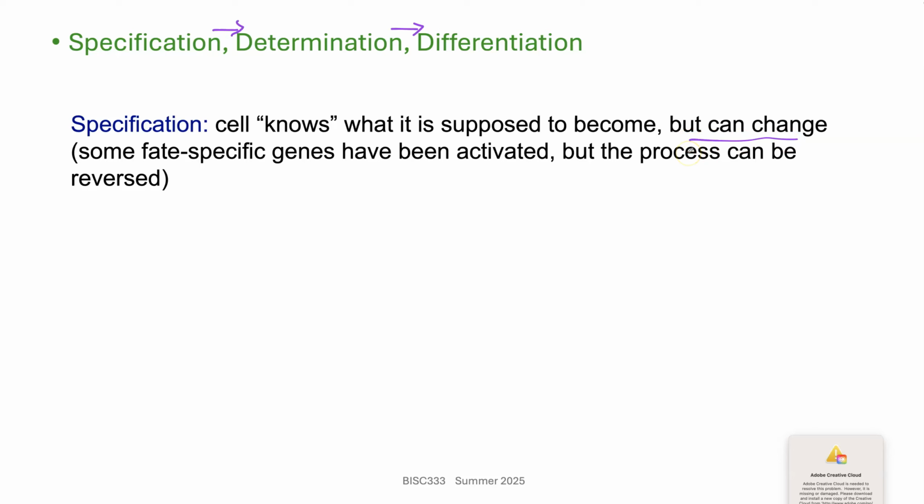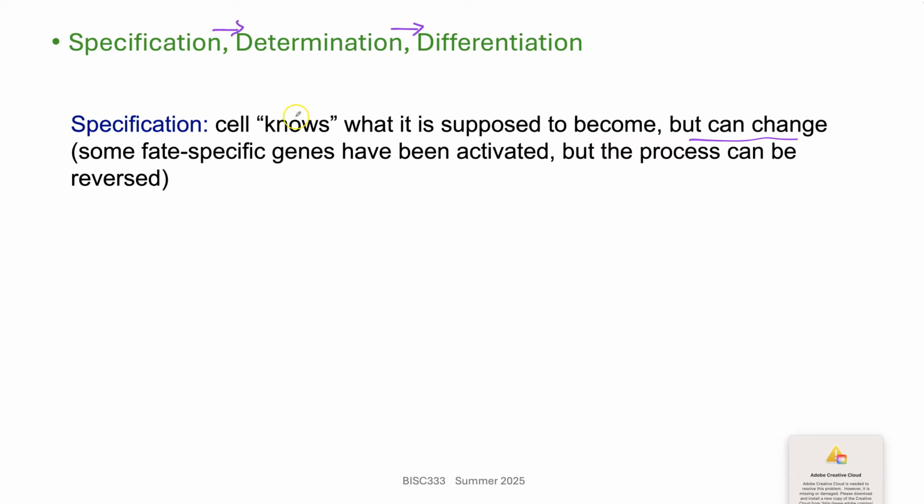So what that means, in terms of thinking of the gene expression, is that some of the genes that are specific for a certain fate have been turned on. And if left undisturbed, they will proceed to form the structure, say a muscle cell, something like that. But it is possible to reverse the process if new information is received, if new signals are received.